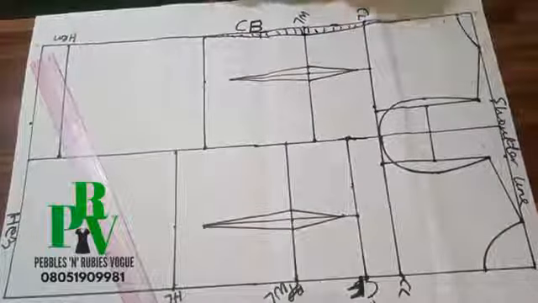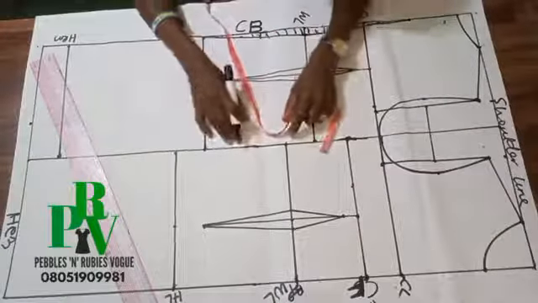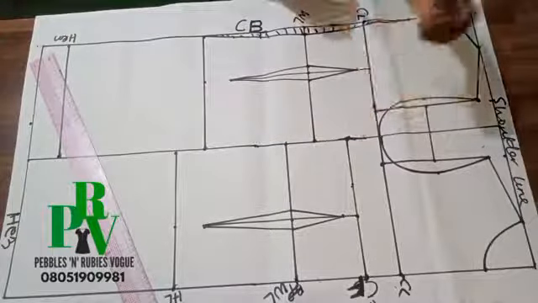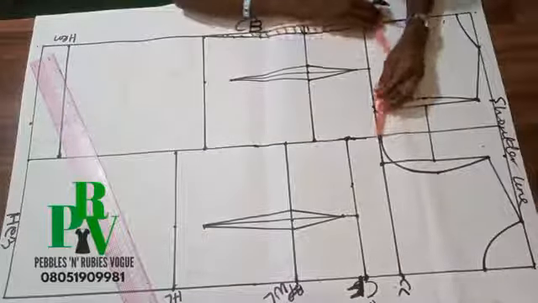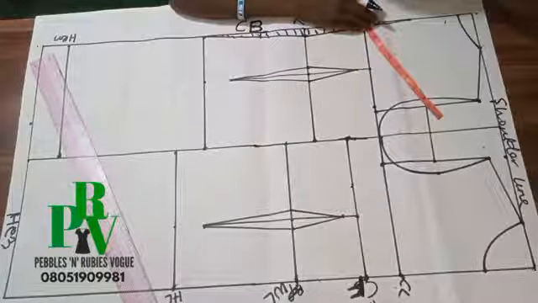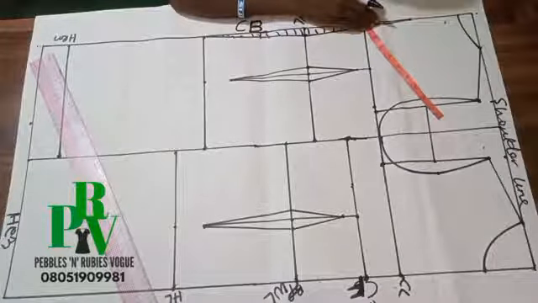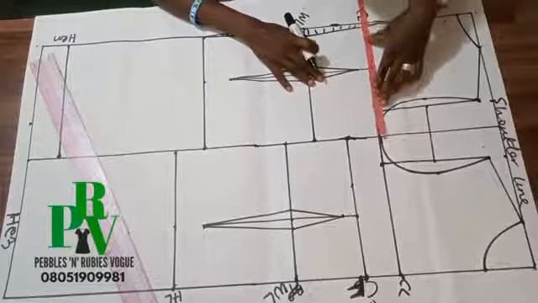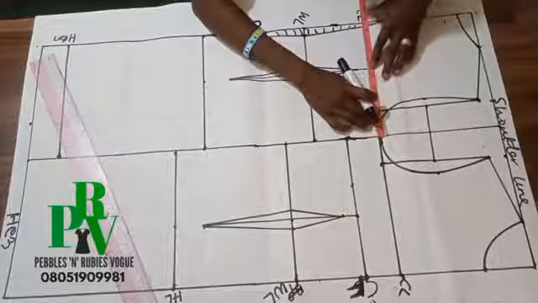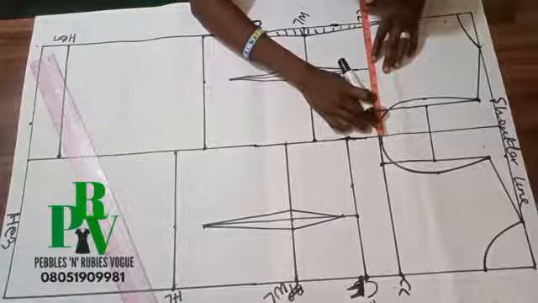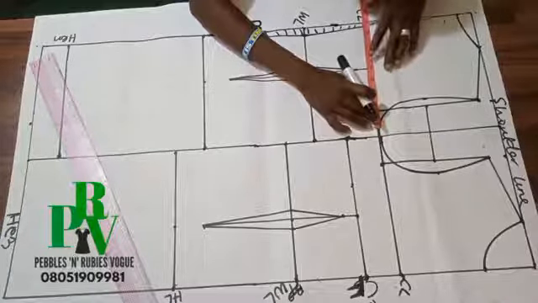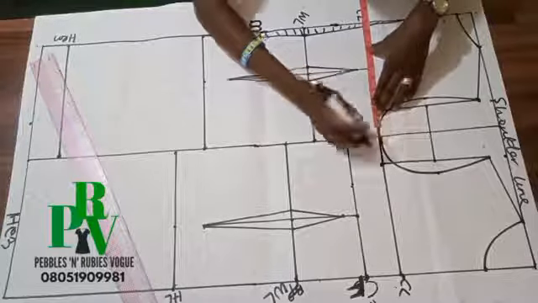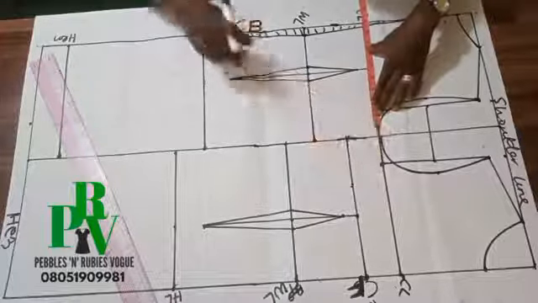Okay, and then we'll move ahead and take all our circumferences. The bust circumference is 35 inch. Divided by 4 is 8.75. So I'll mark my 8.75 on the chest line for the back block. 8.75 here.